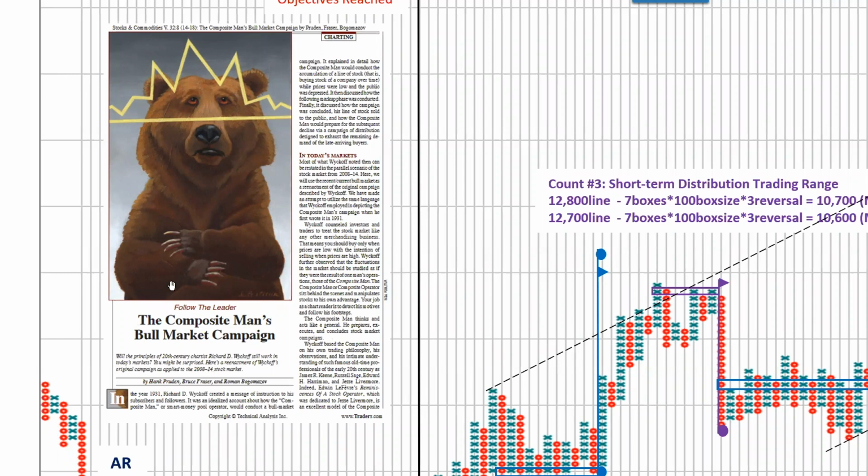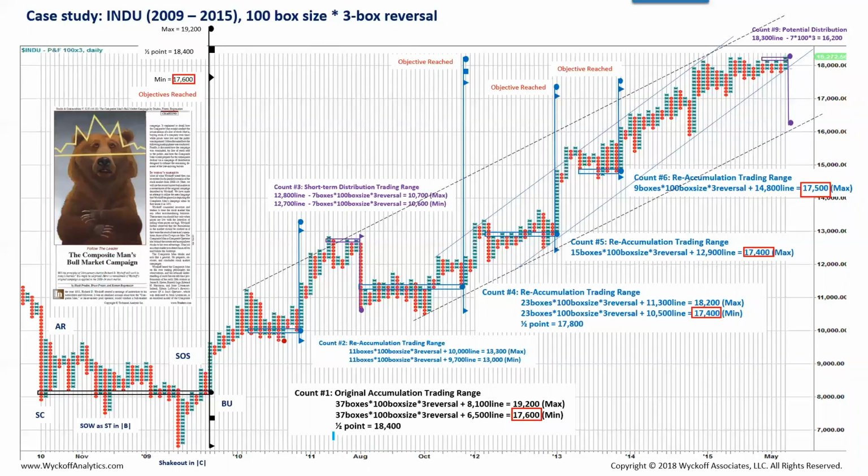And so you can see here, and this was back in, I don't see when it was. So anyway, the article, we put up a point and figure chart at the time, and you can see here that this count went up to, of the accumulation, here's the spring, it counted up to 17.6 to 19.2.